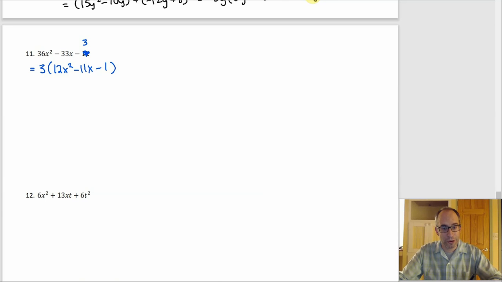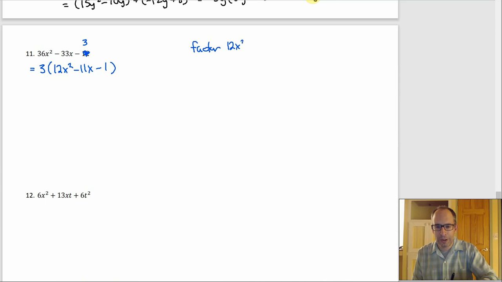Because then if we're going to try to factor this, there aren't too many options down here, right? They have to be different signs. So fine, one of them's a 1, the other one's a -1. The thing you'd have to worry about is that you've got to factor 12x squared minus 11x minus 1.